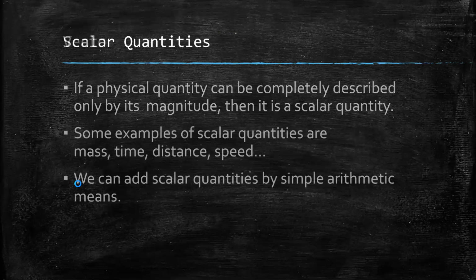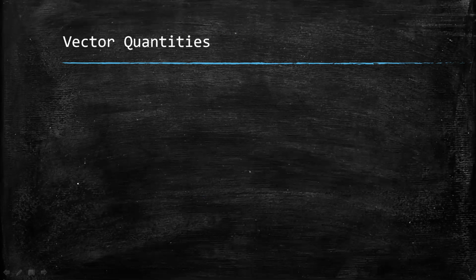Now coming to vector quantities, on the other hand, some information will be incomplete if you don't specify the direction. I've taken an example of wind. Let me take another example to make it a little clearer.